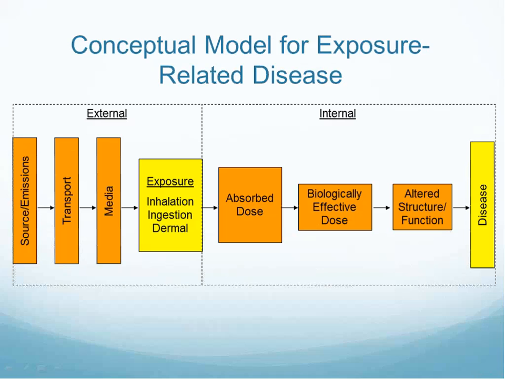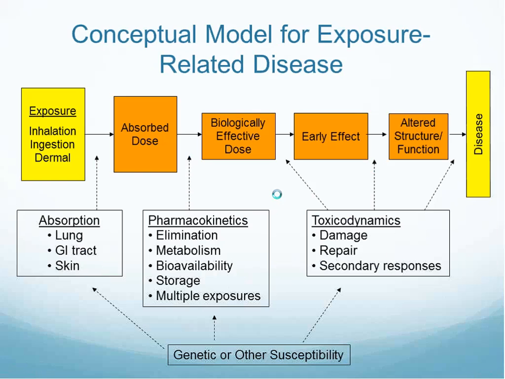But if all you have is a source or an emission, and you're using that to try to come up with a relationship over here, you might have a lot going on between the two that add in that misclassification or that error that will really challenge that association.